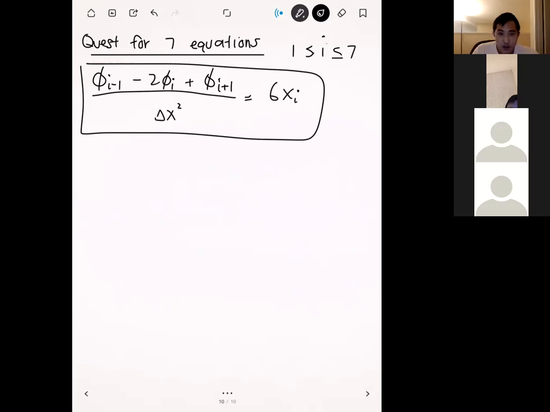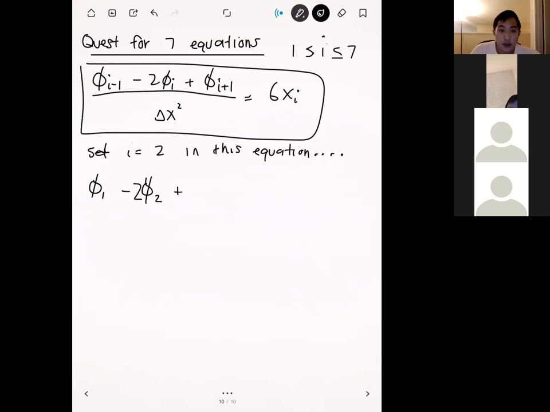And so let's take this equation and evaluate it at i equal to 2. Sorry. Okay. If we set i equal to 2, we're going to get the following equation, right? First we have phi of i minus 1, so phi of 2 minus 1, which is phi 1. Then we have minus 2 phi of i, and since i is 2, we have minus 2 phi 2.